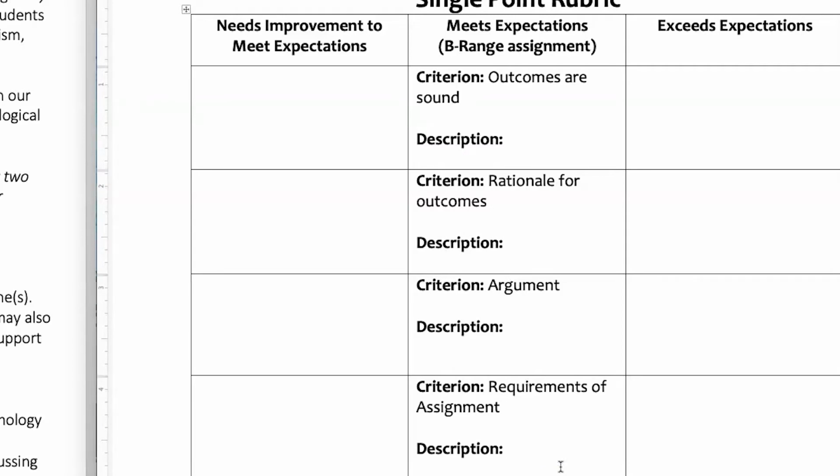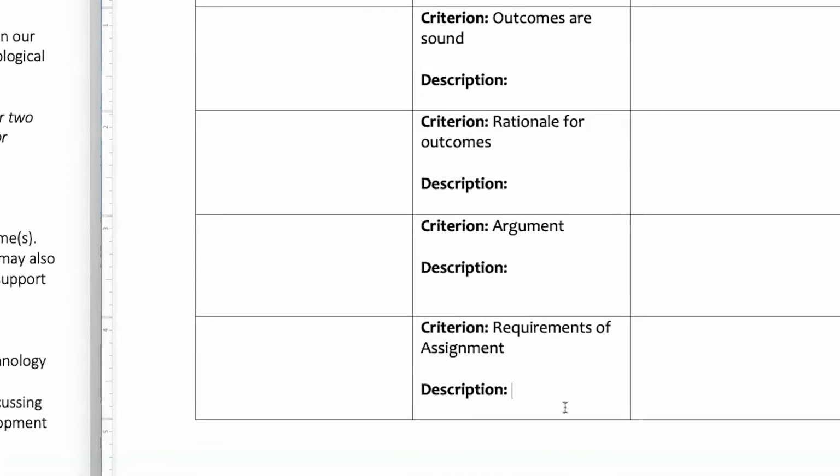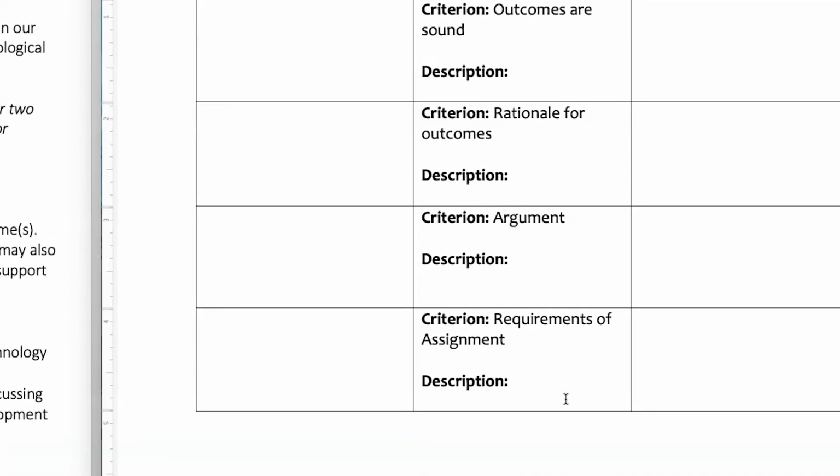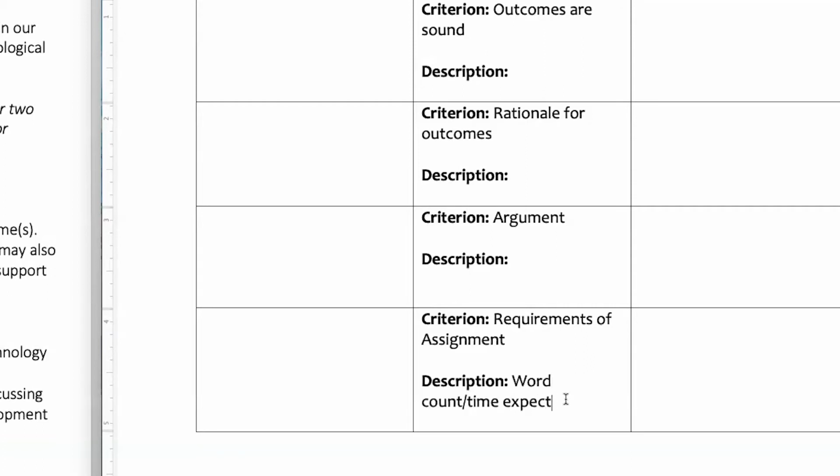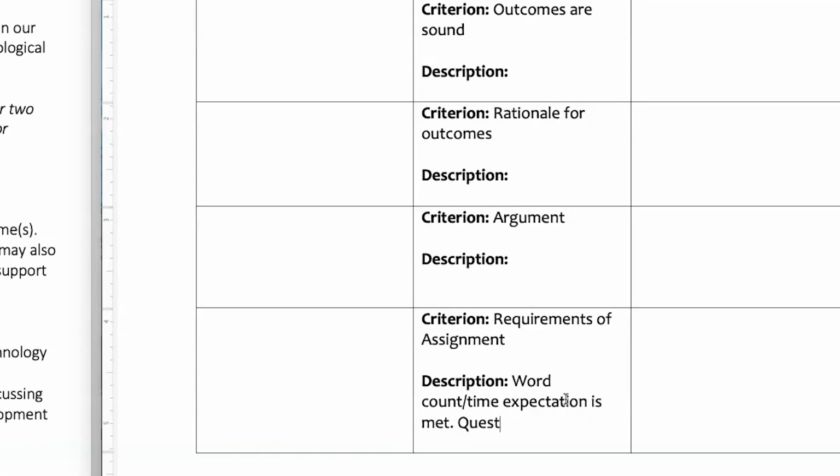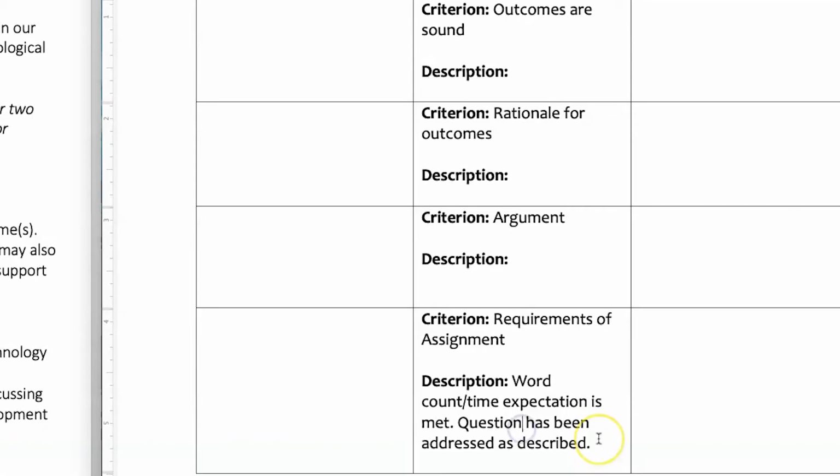Now, what would be a description of a good achievement of the requirements of assignments? Well, I would expect that the word count or time expectation is met. I would also expect that the question or task has been addressed as described.